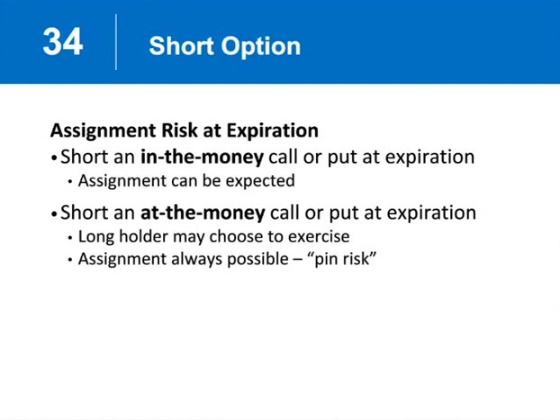So if assignment risk is not something you want to deal with, if you don't want to have the obligation to either sell or buy the stock, you basically got to close your short option position. The whole idea of options at the money at expiration gives you pin risk.